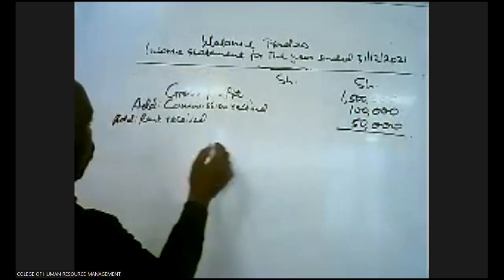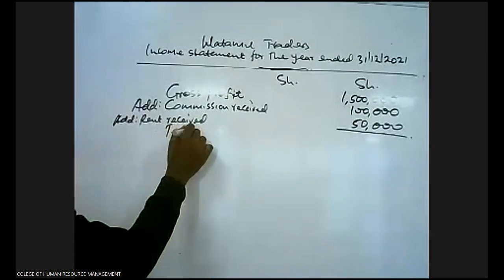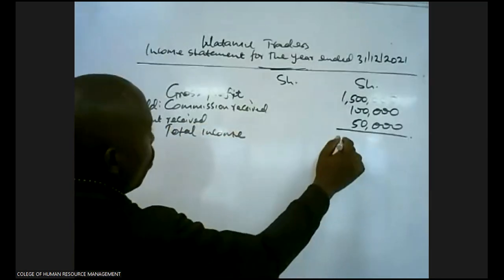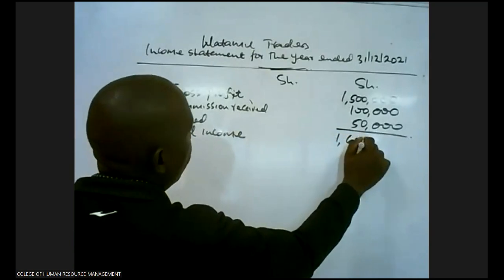So how much is the total income? 1,050,000.